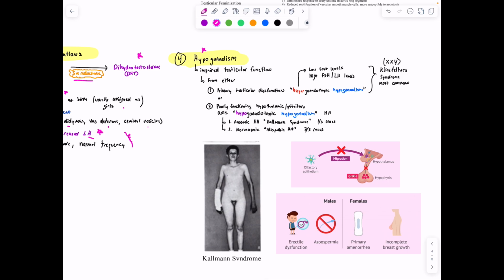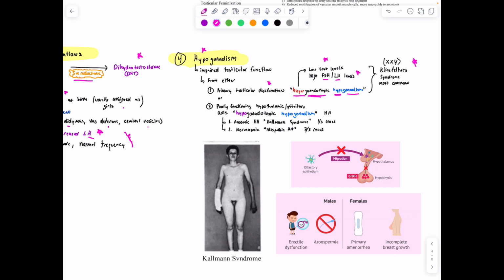So we have hypogonadism, so impaired testicular function from basically primary testicular failure. There's just something wrong with your testicles. And so we would say this is hypergonadotropic, where hyper means a lot. Gonadotropins are your FSH and LH, so high FSH and LH levels, but low testosterone levels, which would be the hypogonadism.